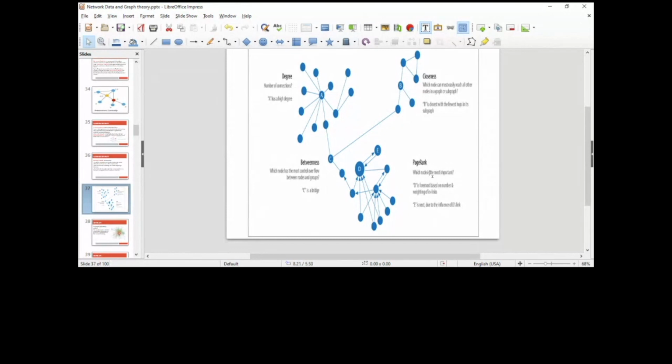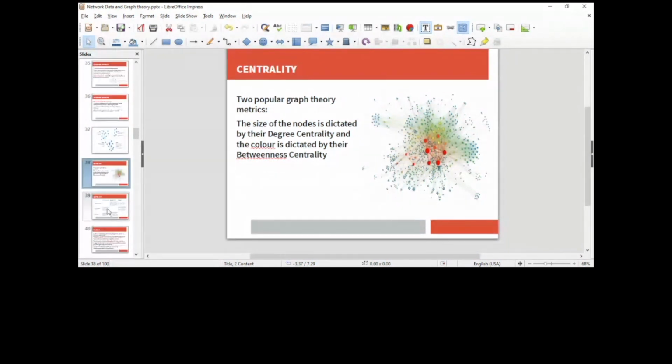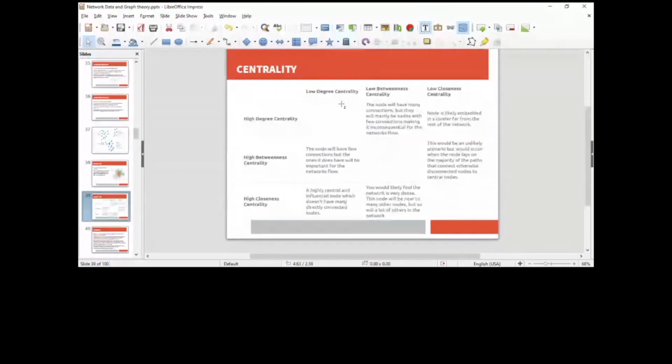Then page rank: which node is the most important? We've mentioned something like that, but I think we're going to talk about it in a bit. So this is just talking about the difference between the different kinds of centrality. You can go through that in the graph.